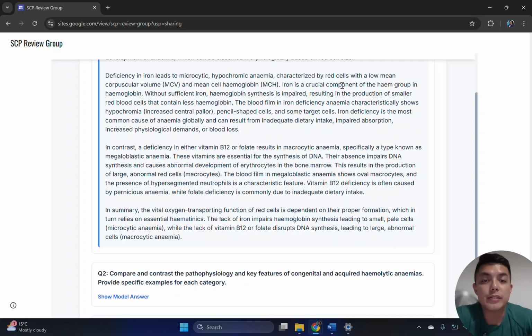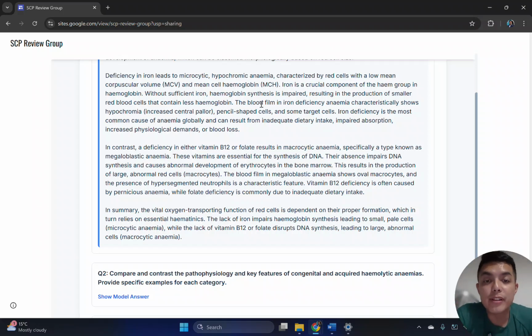Iron is a crucial component of the heme group in hemoglobin, and without sufficient iron, hemoglobin synthesis is impaired, resulting in the production of smaller red blood cells that contain less hemoglobin.